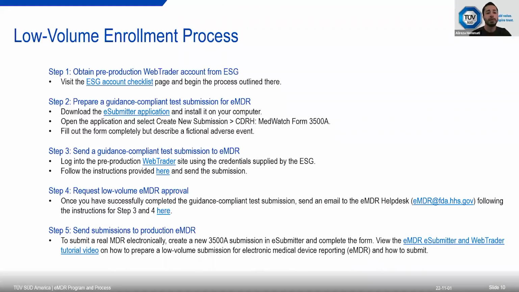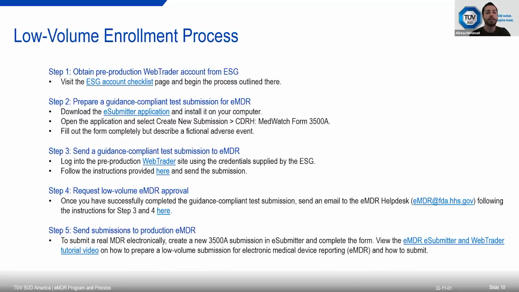The next step is preparing a guidance compliant test submission for eMDR. You download this eSubmitter application and then install it, open the application, create new submission, and it's basically just a test submission. And you use a fictional adverse event.